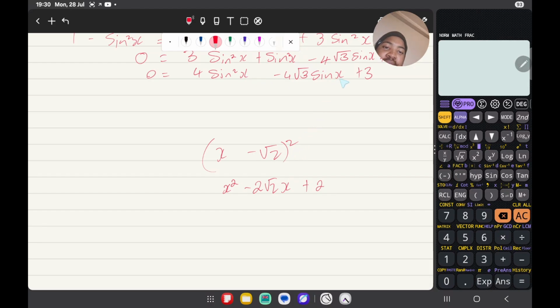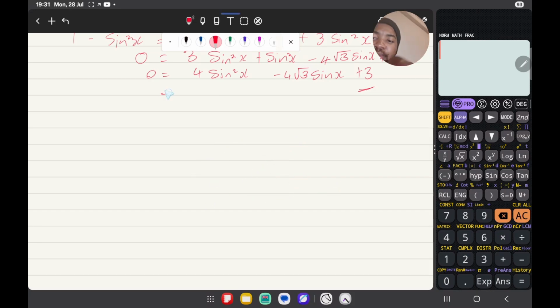Because when you look at this, it's the same thing. You have a 3 there, you have a square root of 2 here, right? So let's break it down now.